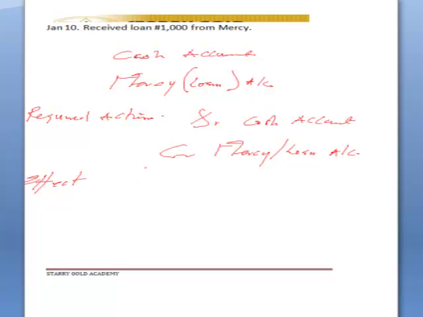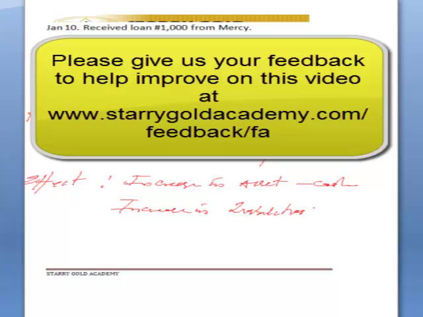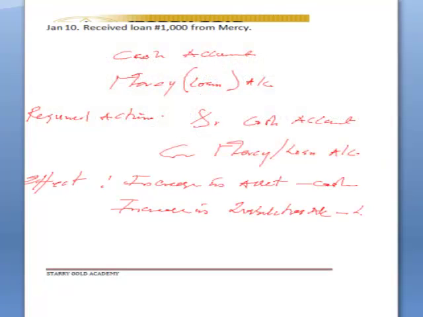What will be the effect? The effect of this is that there is an increase in assets, which is cash. Then there is also an increase in liabilities account, which is the loan or Mercy account.